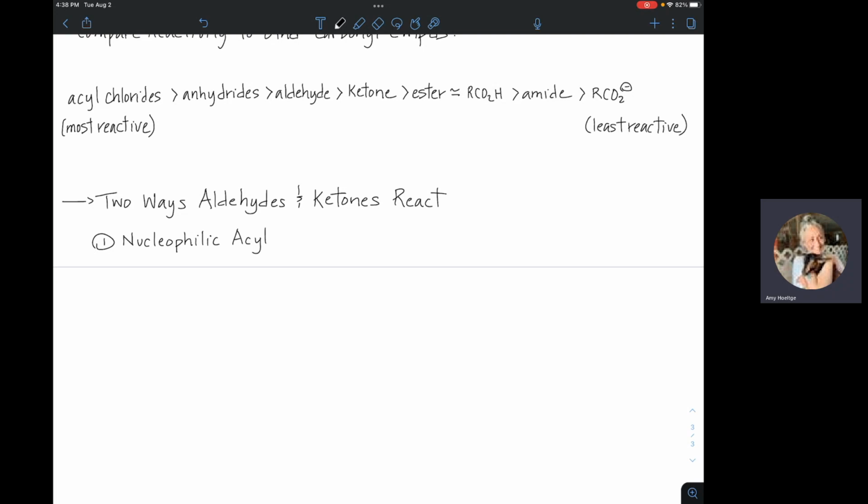Again, acyl refers to the R and then the carbonyl, right? These are addition reactions. A nucleophile can add to the carbonyl carbon, but there's no leaving group. So it's not going to be a substitution. We're not putting the nucleophile in place of another group. So it's an addition reaction.